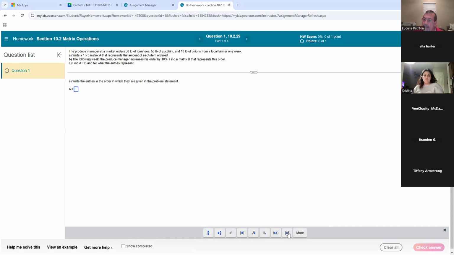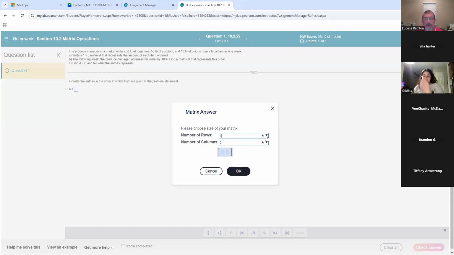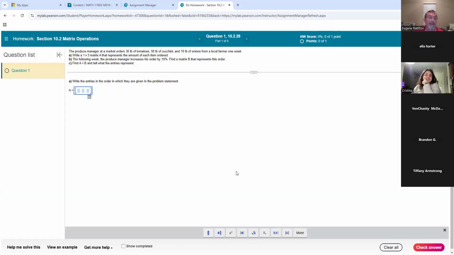So you click on that, and it'll bring up a box that asks how many rows you want and how many columns. Well, we want 1 by 3, so bring the rows down to a 1, and then on the columns, bring that up to a 3. Notice it makes one row there with 3 columns in it, or 3 boxes for my answer.